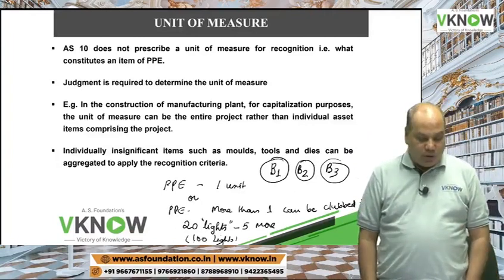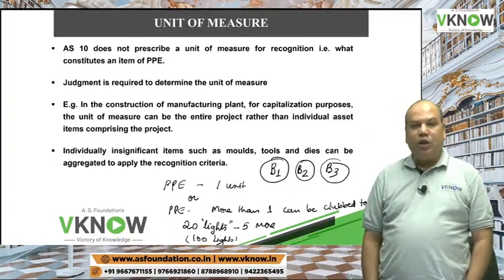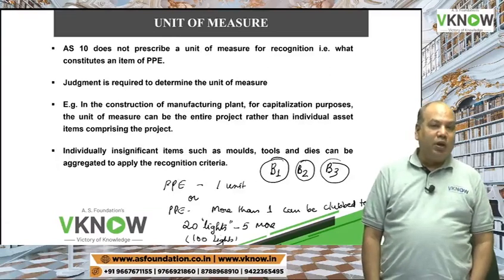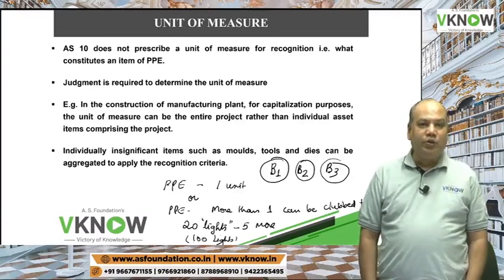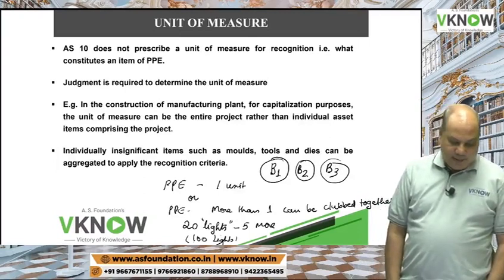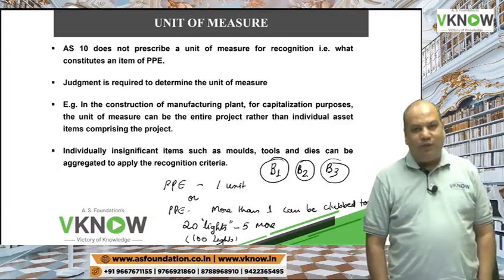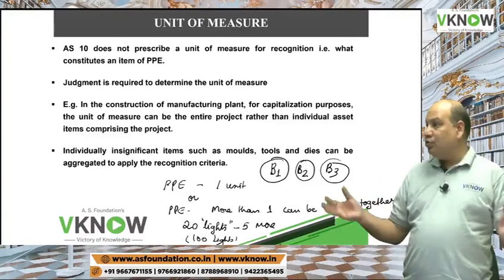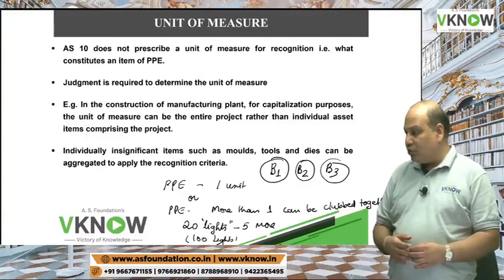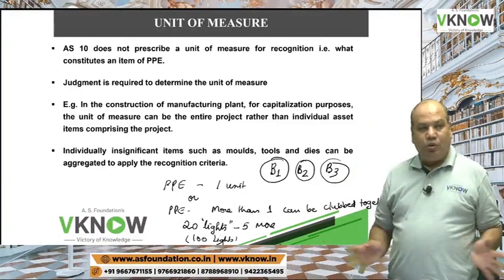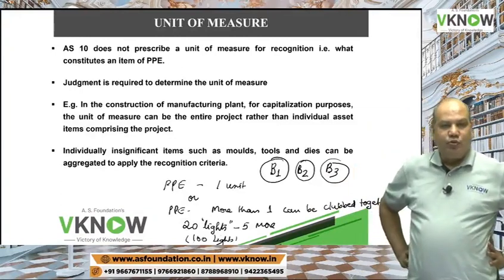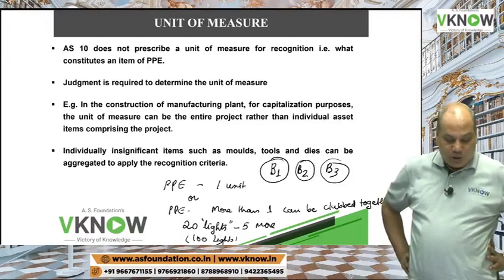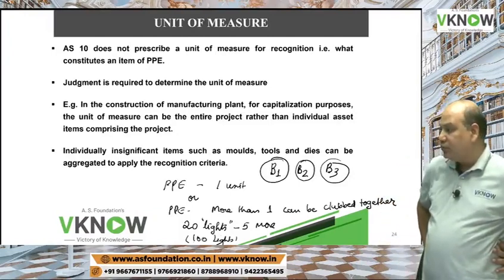Now tell me, should I open a separate account for each bulb? Bulb 1, bulb 2, bulb 3. In my whole office plus classroom and storage, we have 500 light points. Should I open 500 bulbs accounts?